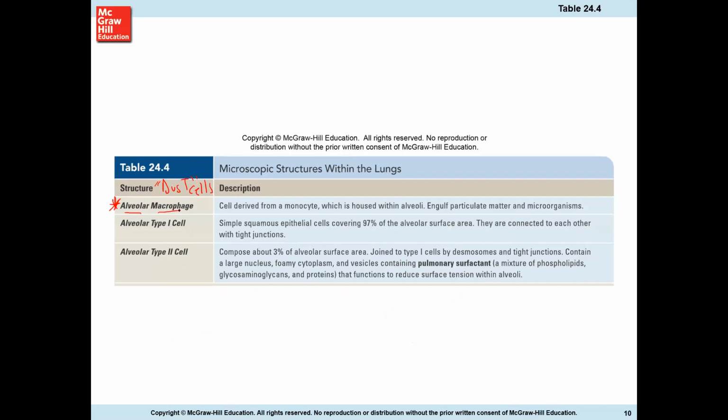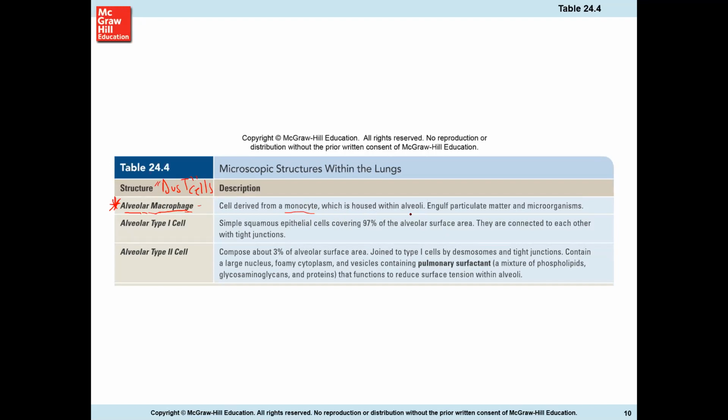So if you're stupid enough to smoke cigarettes or vape or something like that, or if you're just in the environment where you're breathing in certain toxins or environmental things, smog and whatnot, we have these macrophages that will try to help phagocytize. These are immune cells, right? And as you learned at the beginning, macrophage is derived from the blood cell monocyte, right?